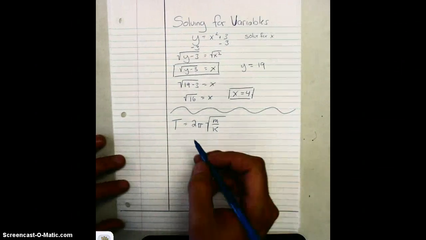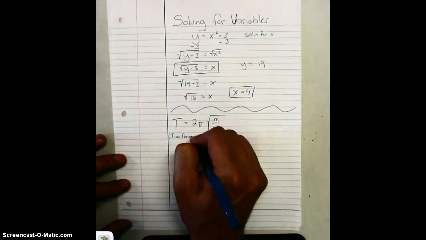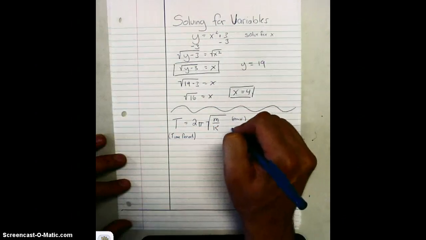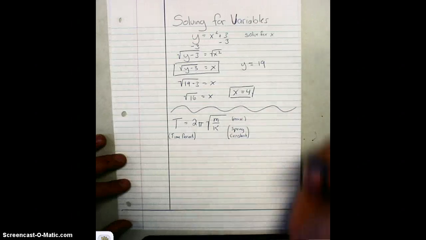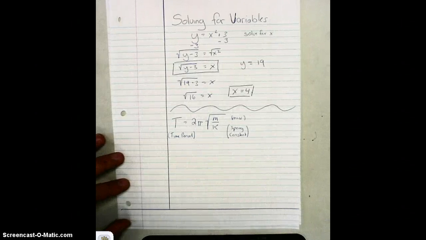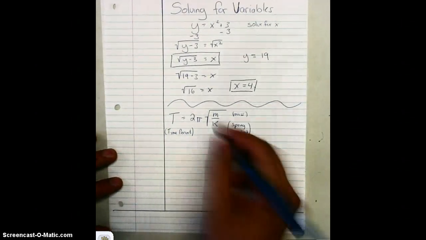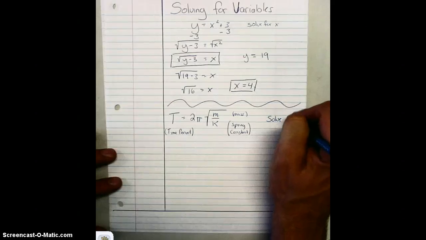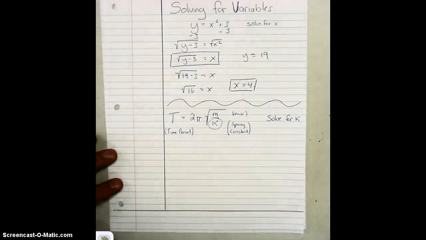T stands for time period, m stands for mass, and k stands for spring constant. I don't expect you to memorize this yet, or even recall it right away, but this is an equation we will use in the future. So the statement is, solve for k. We need to get k by itself.